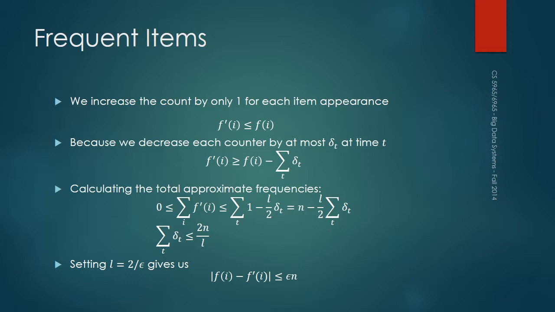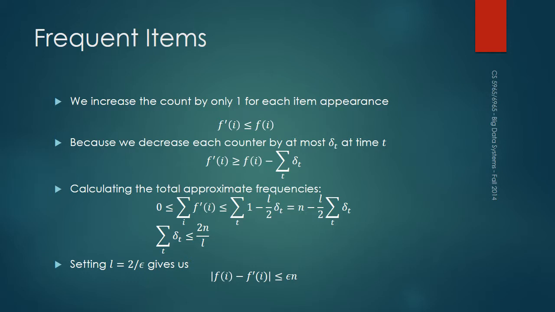Which means that my approximation f prime of i is always greater than or equal to f i minus the sum of all subtractions. Because sometimes, say if you're talking of color red, there is a possibility that red was always subtracted from. But it's possible that yellow in that case was not subtracted from the frequencies, right?